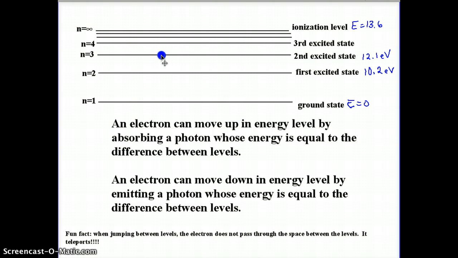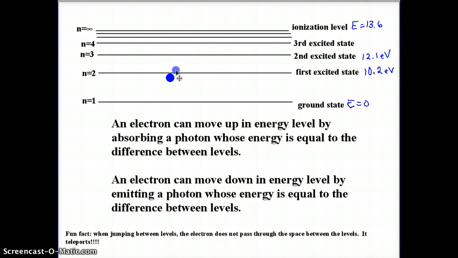To go from 10.2 to 12.1, from the first excited state to the second excited state, I don't need 12.1 electron volts of energy, I need 1.9, because I've already got 10.2. If I wanted to go from the second excited state all the way down to the ground state, I would need to get rid of exactly 12.1 electron volts. So I would need to emit or give off a photon whose energy is exactly 12.1.